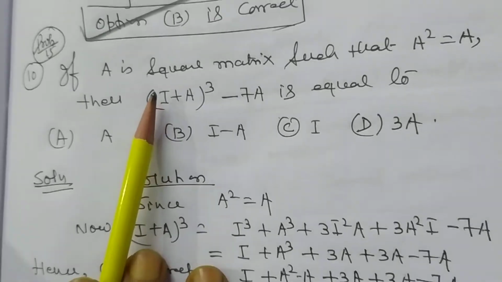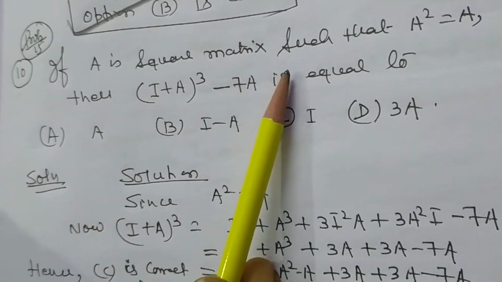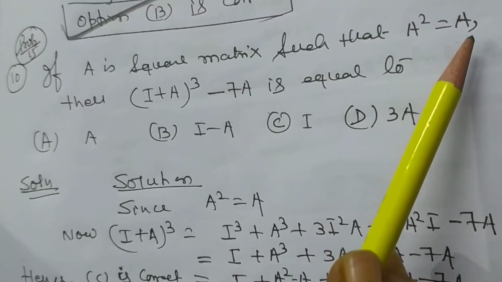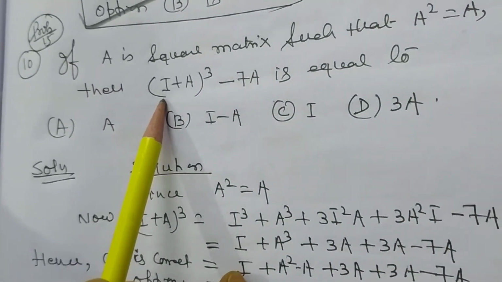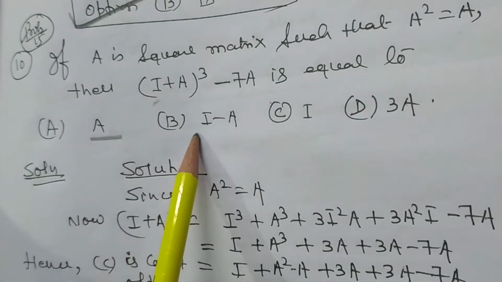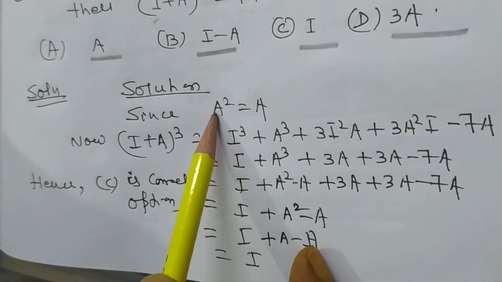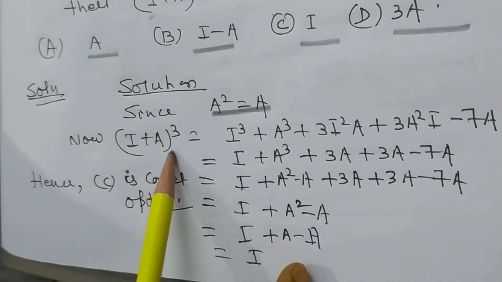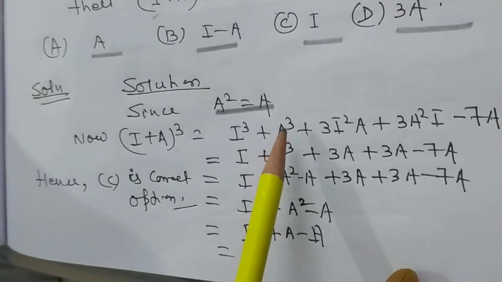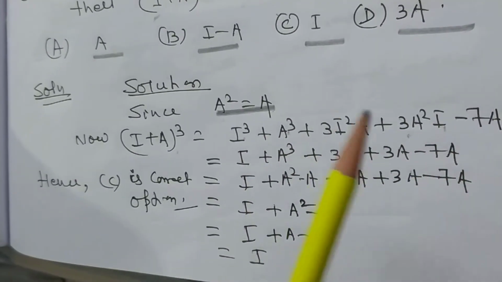So now I want to discuss problem number 10. If A is a square matrix such that A square is equal to A, then (I plus A) whole cube minus 7A is equal to A, I minus A, I, or 3A. Solution. Since A square is equal to A, (I plus A) whole cube is equal to I cube plus A cube plus 3I square A plus 3A square I minus 7A.